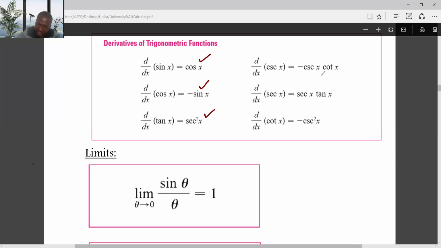The derivative of cosec x is negative cosec x together with cot x. We've proved that. The derivative of sec x we got is sec x multiplied by tan x. We have proved that. And the derivative of cot is negative cosec squared x. So it's very, very important to be able to know this.